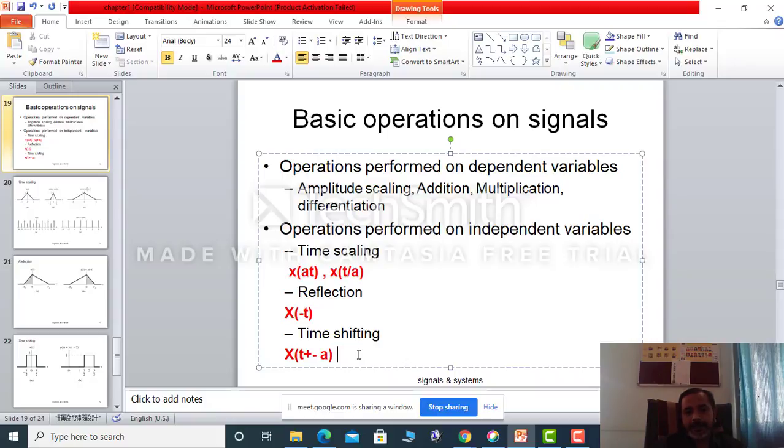If negative sign is present, then shift the signal on right side of the time axis.